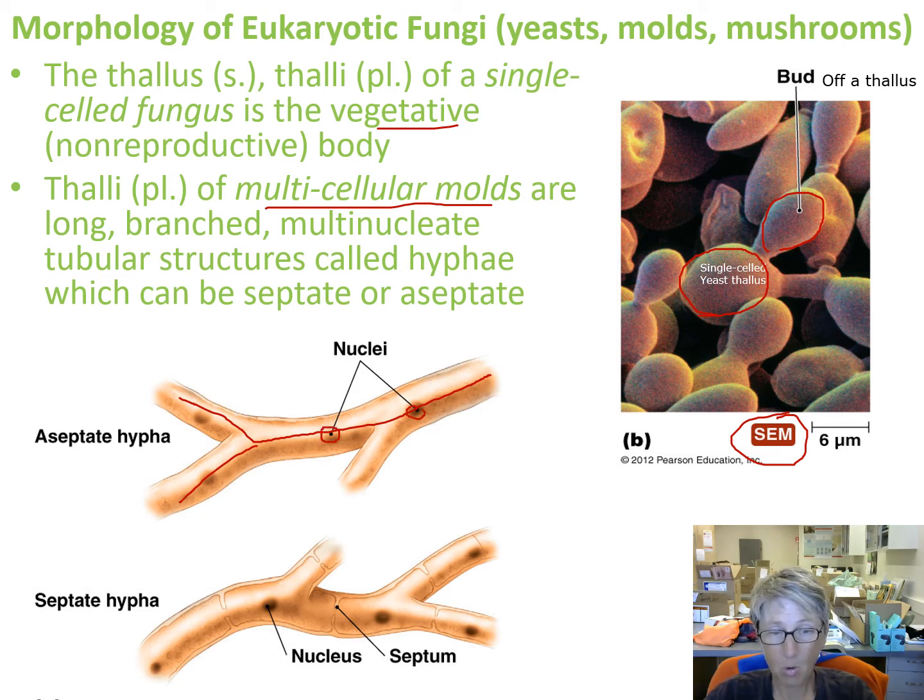So 1, 2, 3, 4 nuclei in this picture. And then the hyphae, they could be septate or aseptate. So septum is Latin for wall. So here's a septate hypha, and here you don't see any of those walls. So this would be an example of an aseptate, or without a wall, hypha.